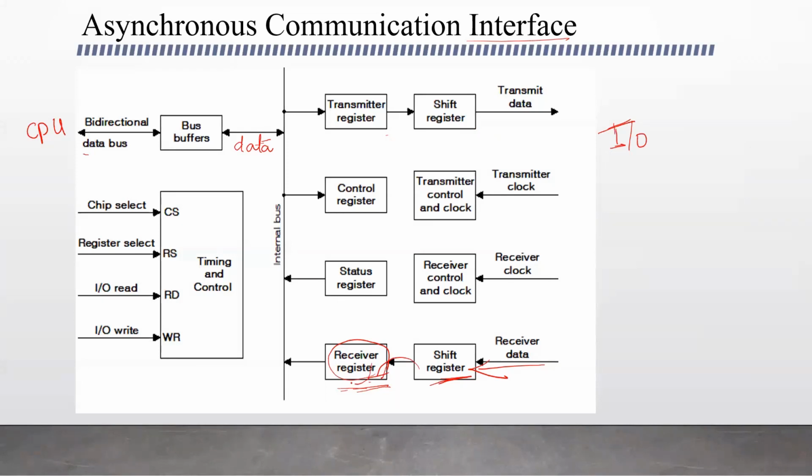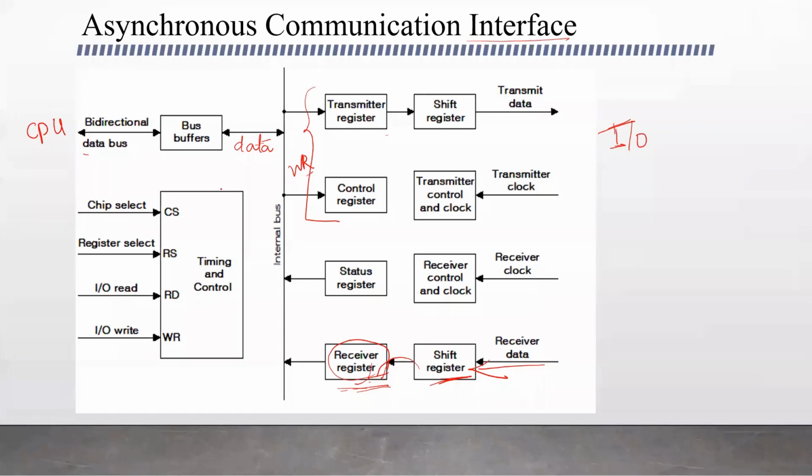Then the CPU can transmit data into it. And the receiver register is for the CPU to receive data from the other units. Chip select selects the interface, and register select selects the registers, used with control lines that indicate if the registers are selected for reading or writing. The transmitter and control registers are used by the CPU to write information.